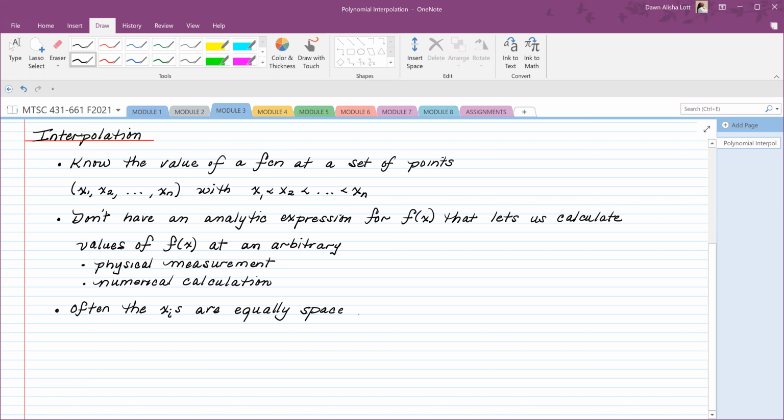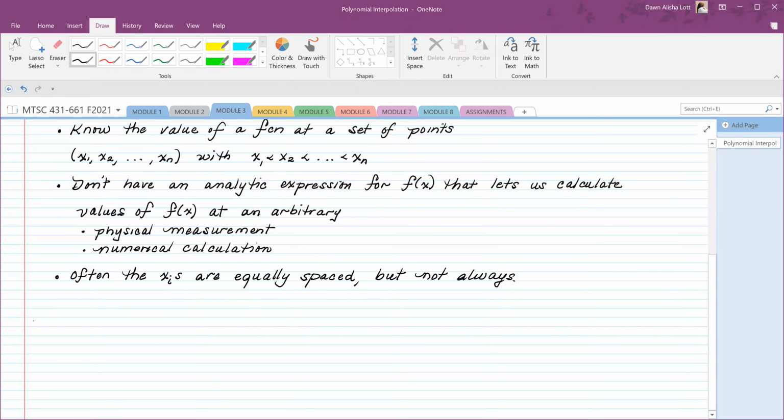That's not a criteria. Okay, so now I have a scenario. I know what my function is doing at n particular points, but here's where the interpolation comes in.